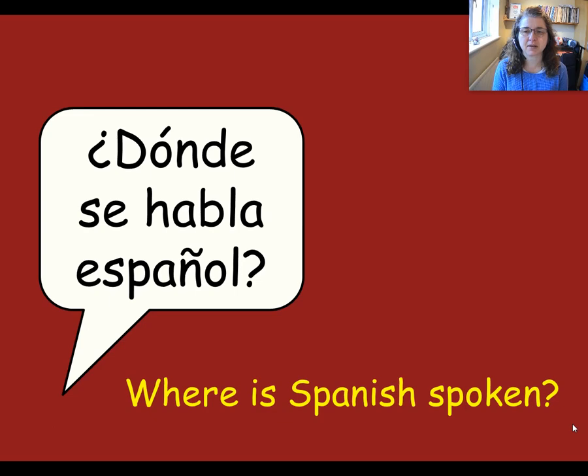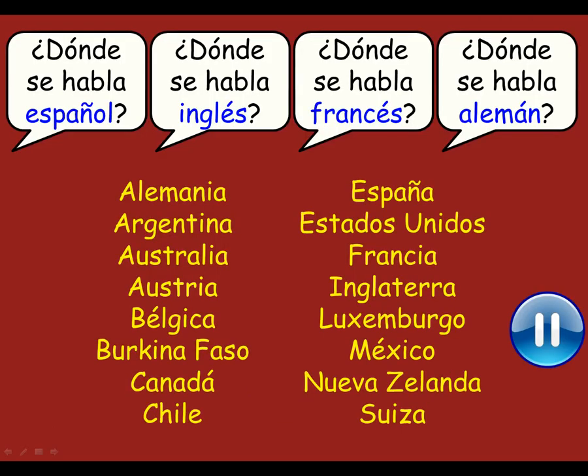With that in mind, then, here are 4 speech bubbles asking about 4 different languages. ¿Dónde se habla español? ¿Dónde se habla inglés? ¿Dónde se habla francés? ¿Dónde se habla alemán? Let's just make sure we can remember which 4 languages we're being asked about. So the first question, ¿Dónde se habla español?